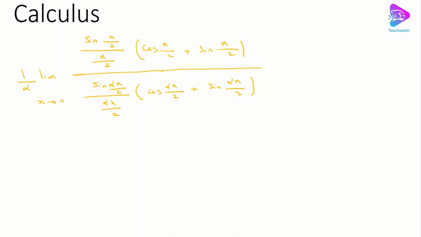What we can get here: sine of x over 2 over x over 2, using the property that I discussed, is going to be 1, and the same thing will happen for the alpha term, it is going to be 1.